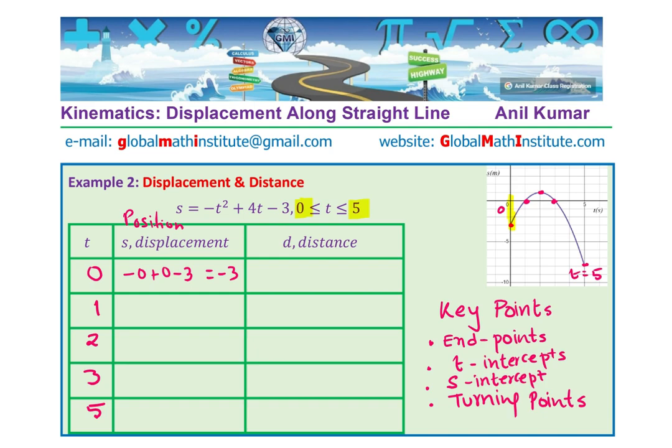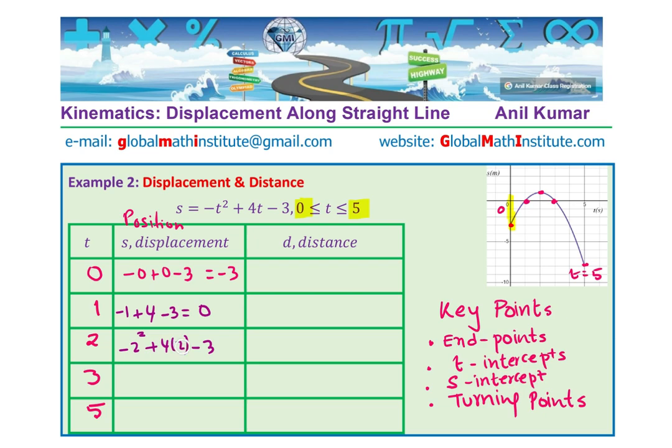When you substitute 1 here, you get minus 1, plus 4, minus 3, right? And that gives you 0 as indicated here also, right? You could read from the graph. At 2, plug in the value 2 here, right? So you get minus 2 squared, plus 4 times 2 and minus 3, right?